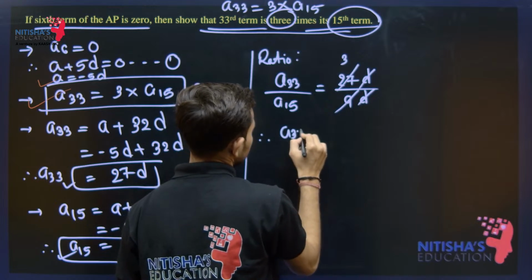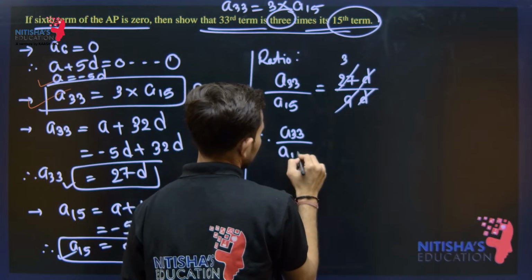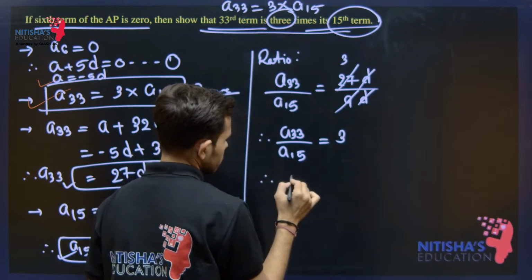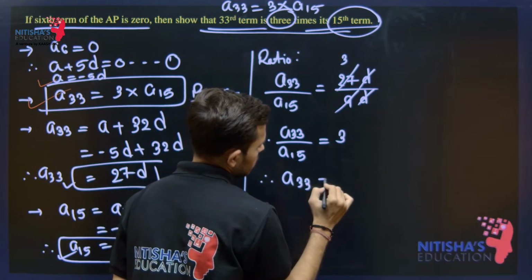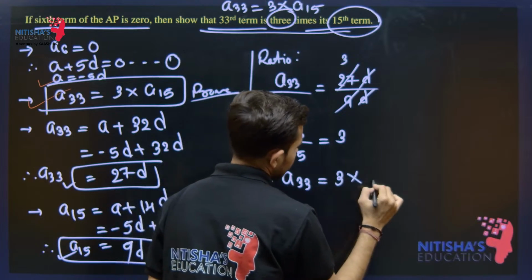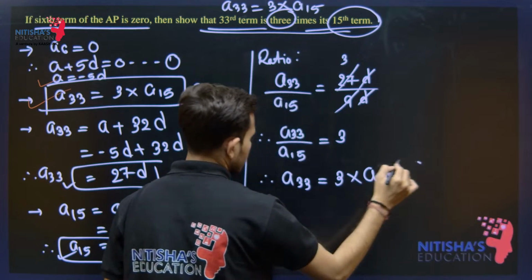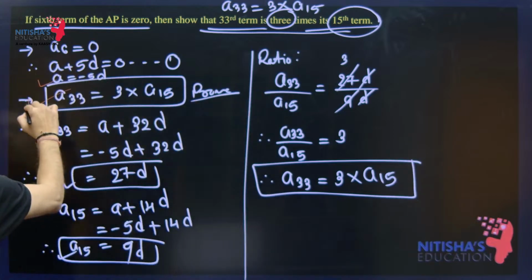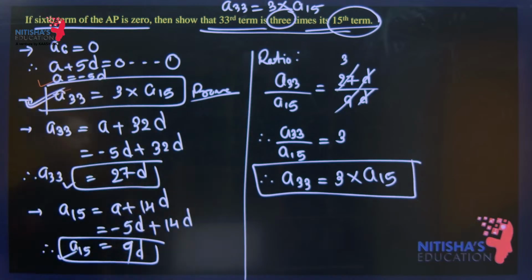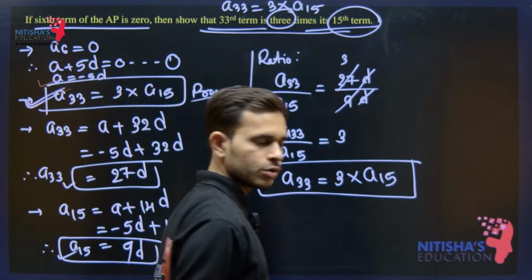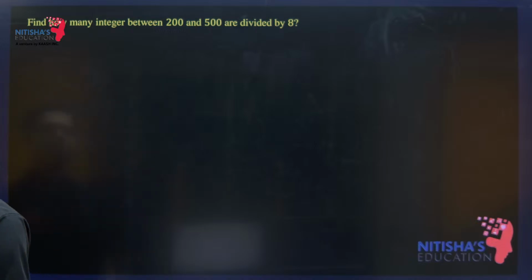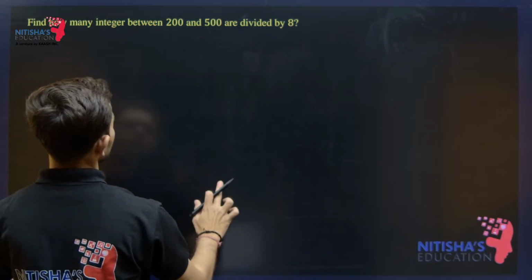Therefore A33 divided by A15 is equal to 3. Therefore A33 is equal to 3 times A15. That is what we need to prove. So we have proved it. In this way we are going to solve that question. Okay, now next question.